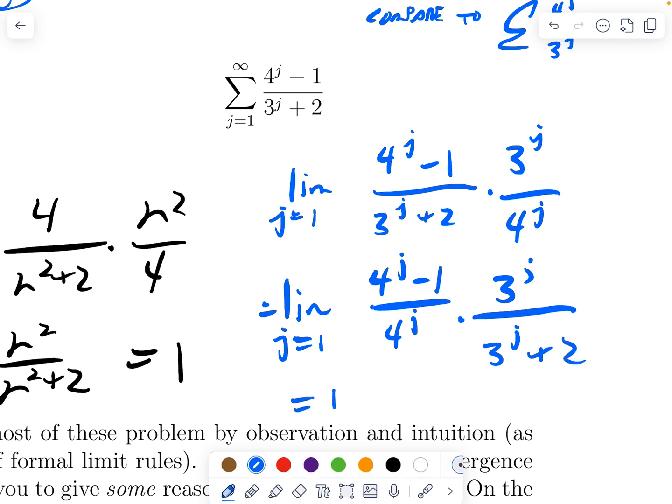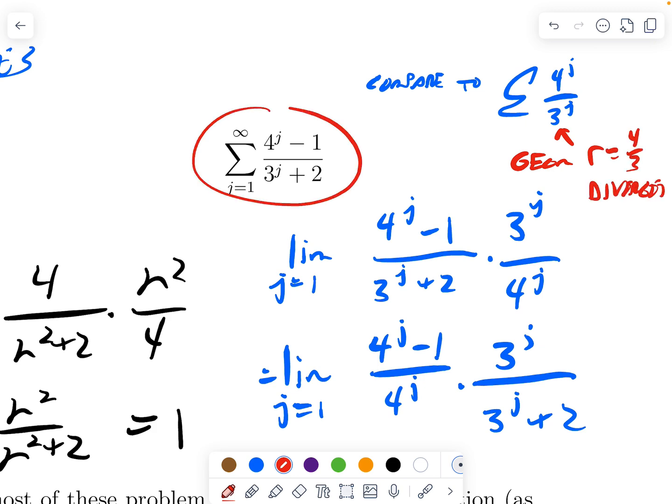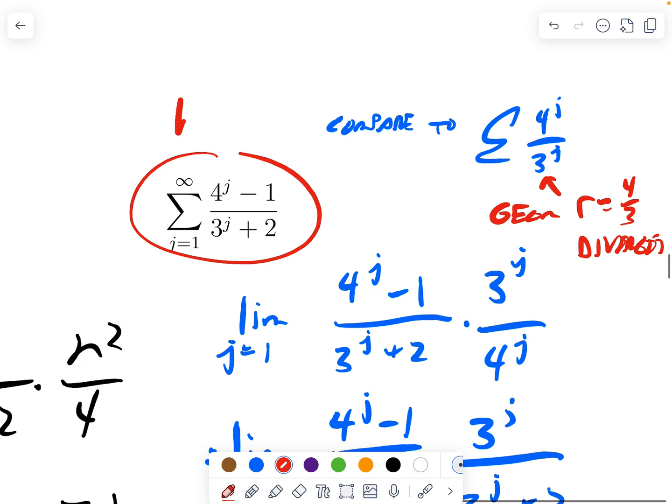So this is 1. It's another example where, in the long run, this is basically the same as the version that doesn't have the -1 in the top and the +1 in the bottom. But this is geometric with r equals 4/3, which diverges. So the series here is roughly the same size as something that diverges, and therefore it diverges.